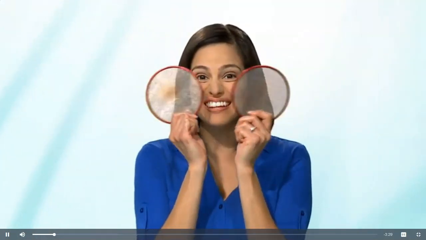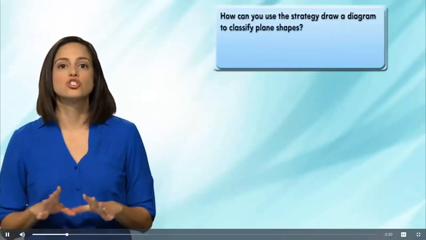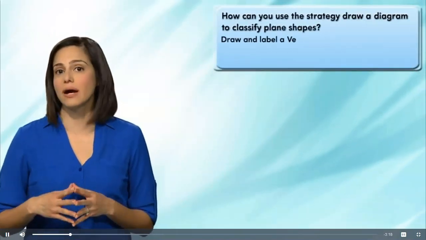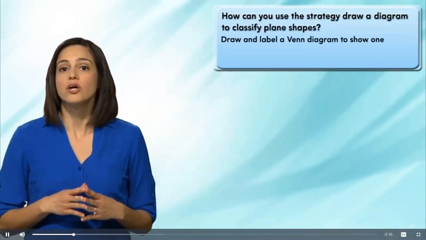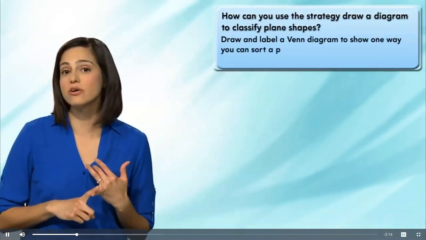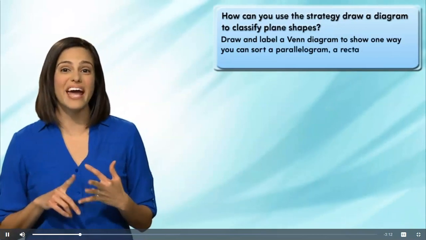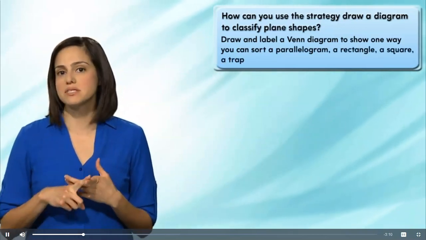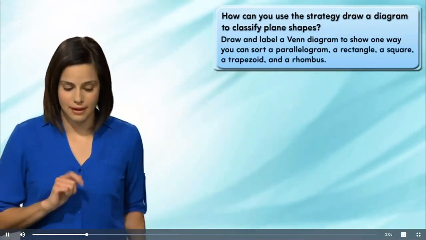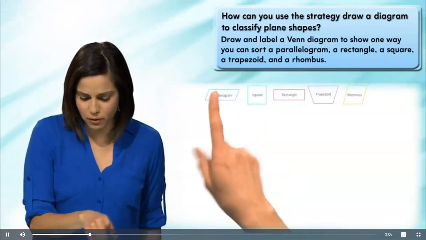Remind me of a Venn diagram. Let's look at today's puzzle. It has to do with Venn diagrams. Draw and label a Venn diagram to show one way you can sort a parallelogram, a rectangle, a square, a trapezoid, and a rhombus. Let's look at our shapes.